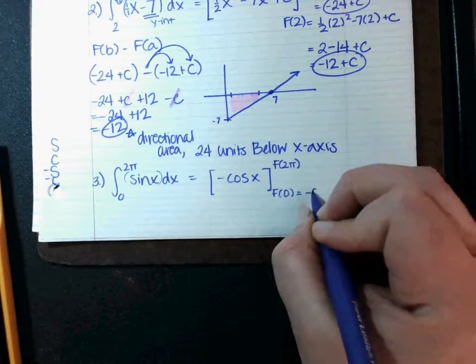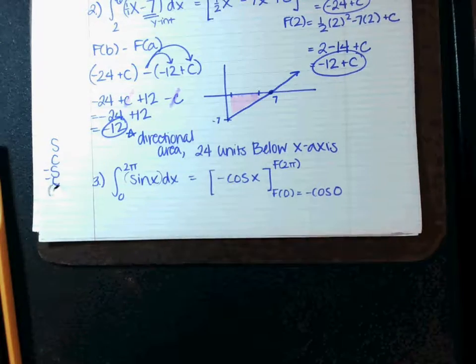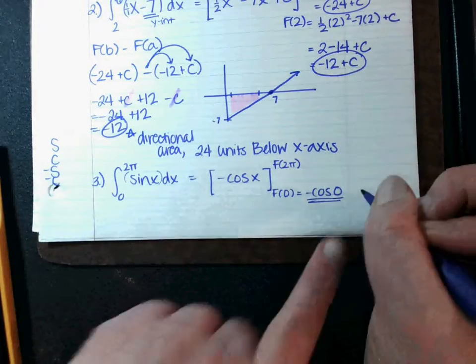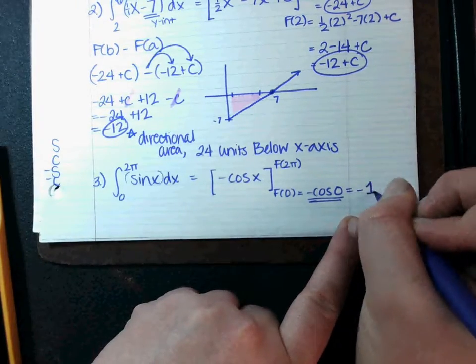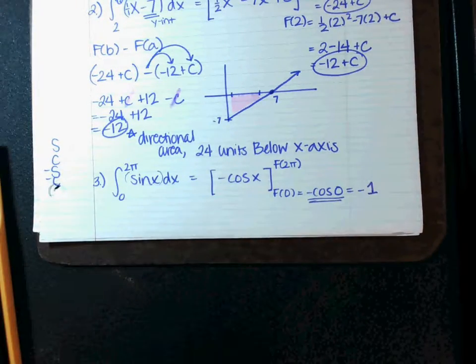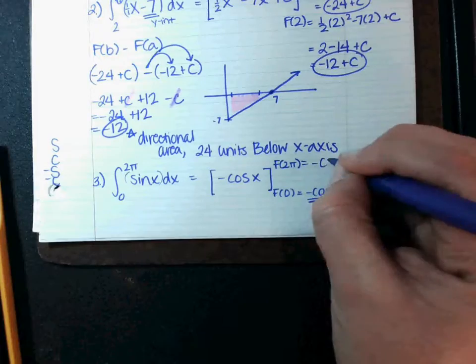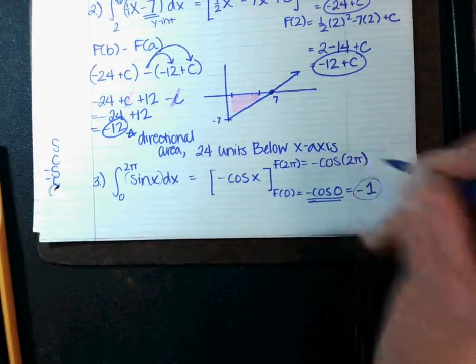That'd be negative cosine of 0. But then the cosine of 0, remember that that's a 1. So cosine of 0 is 1, then it's a negative 1 for your bottom. Okay? Now let's find it for 2 pi, negative cosine of 2 pi.